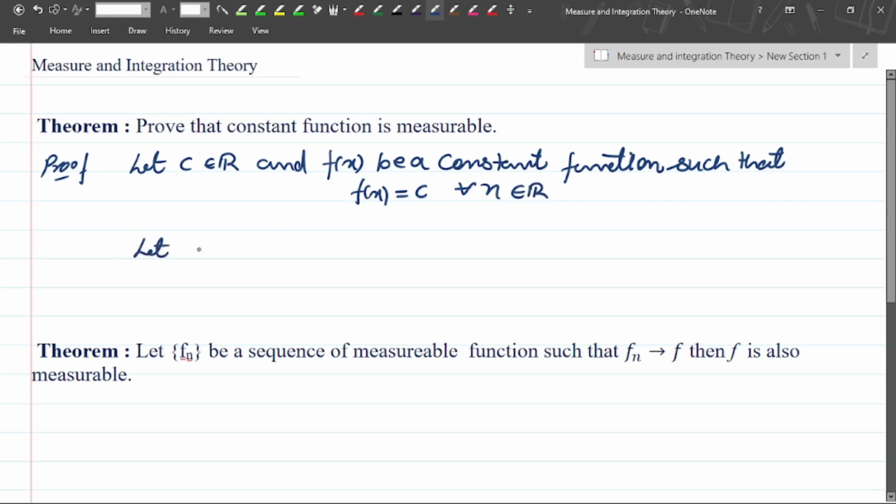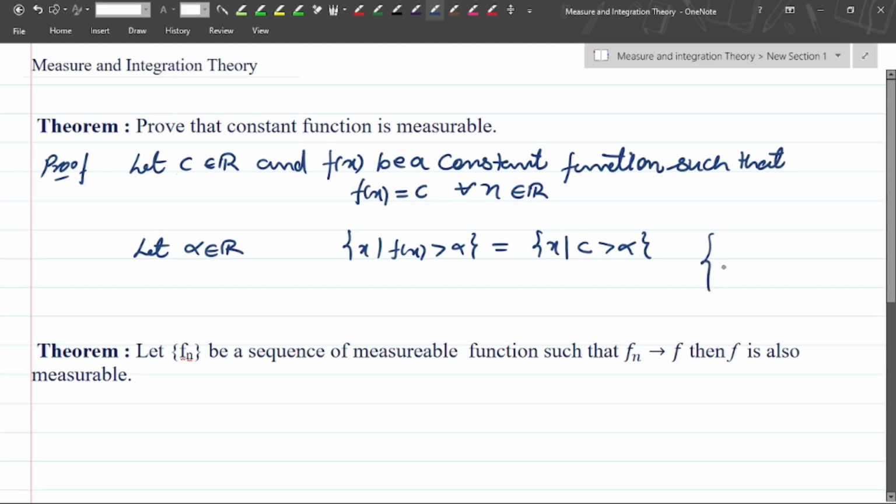Let alpha belong to the real numbers. By the definition of Lebesgue measurability, to show a function is measurable we consider the set of x such that f(x) is greater than alpha. I can write this as the set of x such that c is greater than alpha.